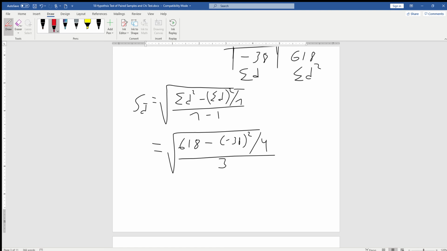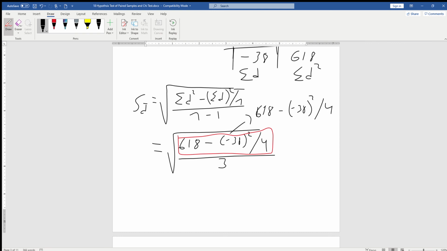As we've done a lot of times with standard deviations, it's probably best to compute the numerator independently first. So I'm going to punch that in my calculator, and you're just going to literally type it in as 618 minus quantity negative 38 squared divided by 4.